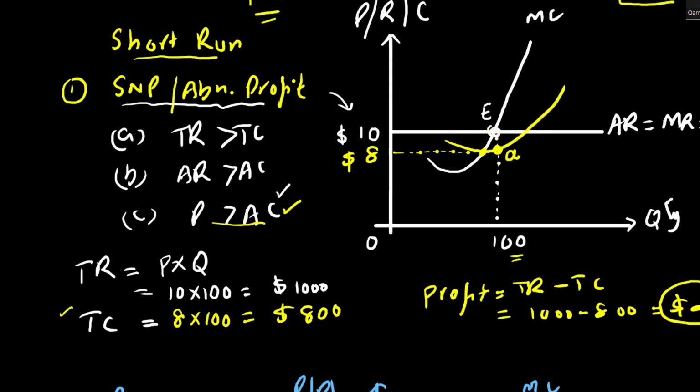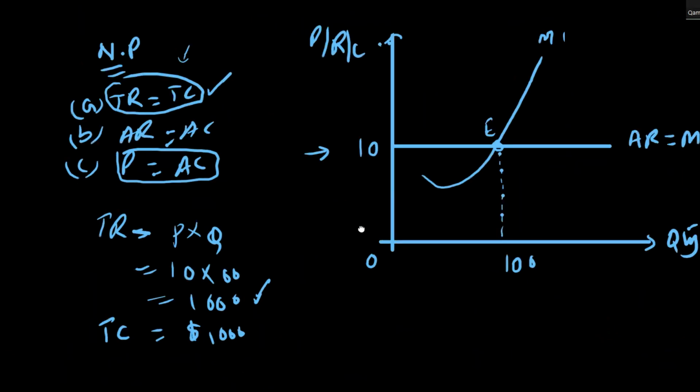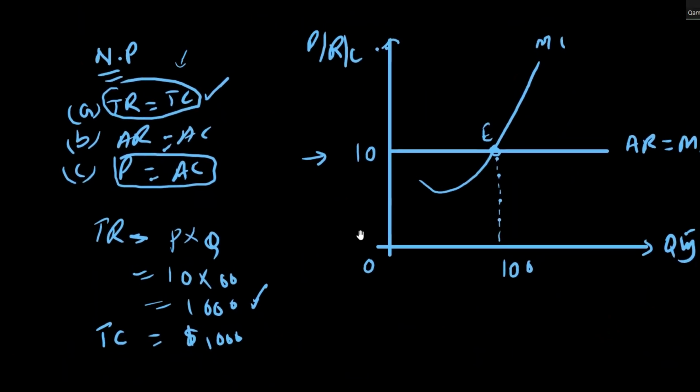So let me make another graph here so that you understand it easily. So now we have to draw an average cost curve. An average cost curve should be tangent to the equilibrium point so that average cost is also determined equal to $10. That is also price for quantity Q. And we have to find out total cost, and total cost is average cost into quantity.